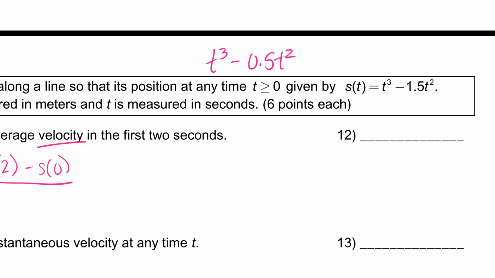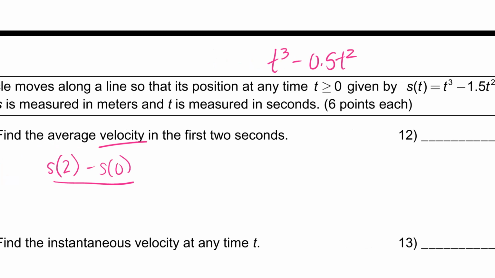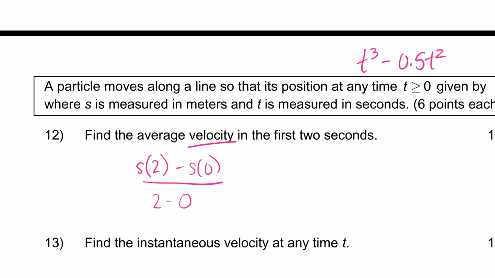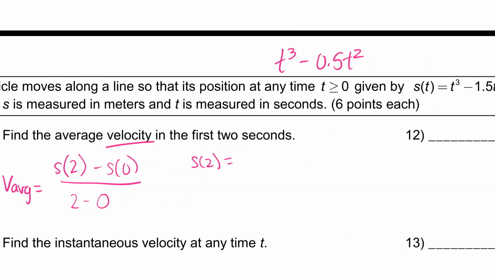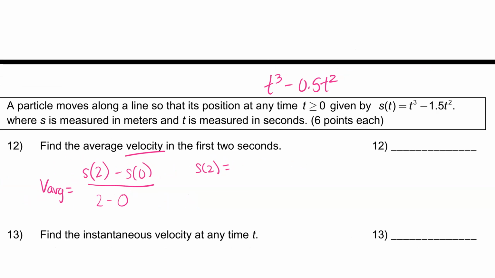I can do that one next if you want. So, s of 2 minus s of 0, over 2 minus 0. Let's find s of 2 first. S of 2 is 2 cubed minus 1.5 times 2 squared. That's 8, and 2 squared is 4. 4 times 1.5 is 6.